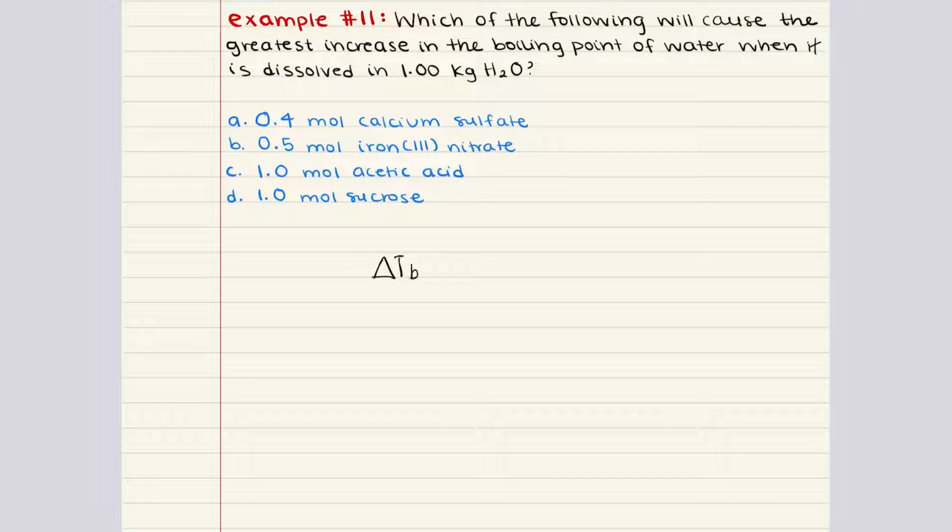Delta TB is equal to i Kb m, where delta TB is the boiling point elevation, i is the van 't Hoff factor. This is the number of particles the solute dissociates into. Kb is the proportionality constant of the solvent, and m is the molality of the solution. This is defined as moles of solute per kilogram of solvent.